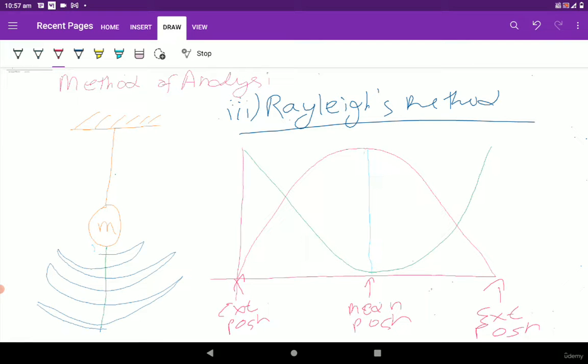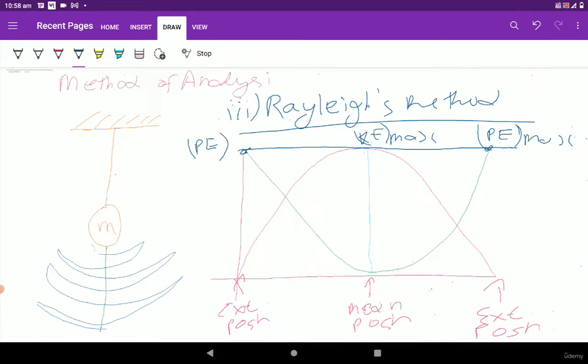At the mean position the kinetic energy is maximum, and at the extreme positions the potential energy is maximum.